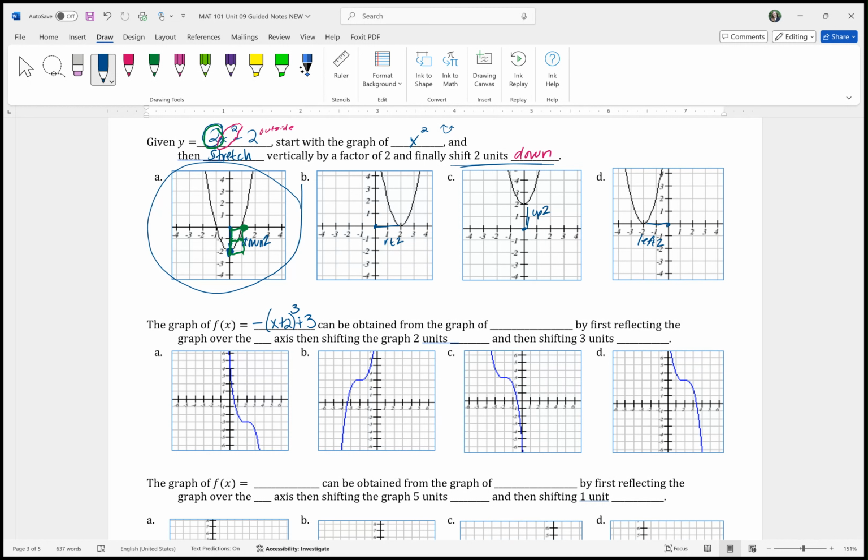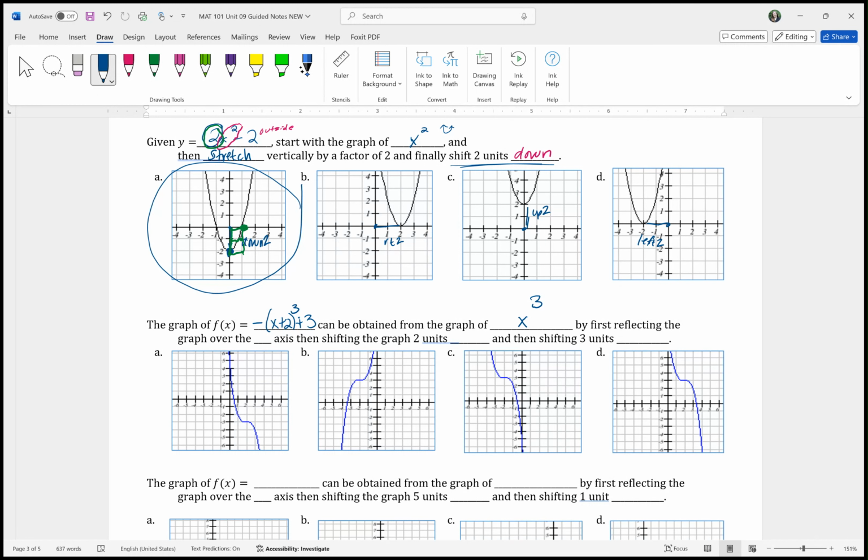It wants to know what graph you are starting with. Okay, so here, this can be obtained from the graph of x cubed. So if I take off the minus, the plus 2, and the plus 3, all I have left is the x cubed. Okay, then it says, by first reflecting the graph over.